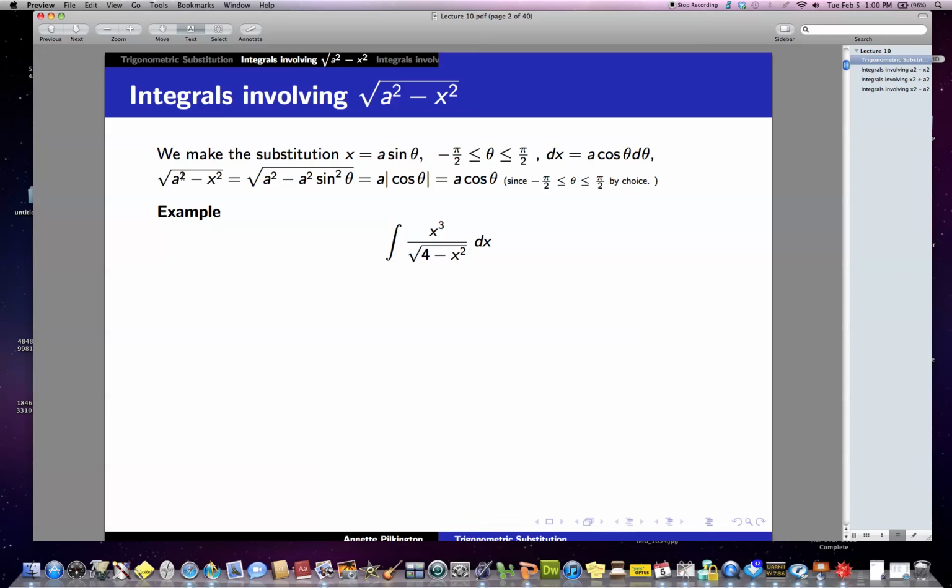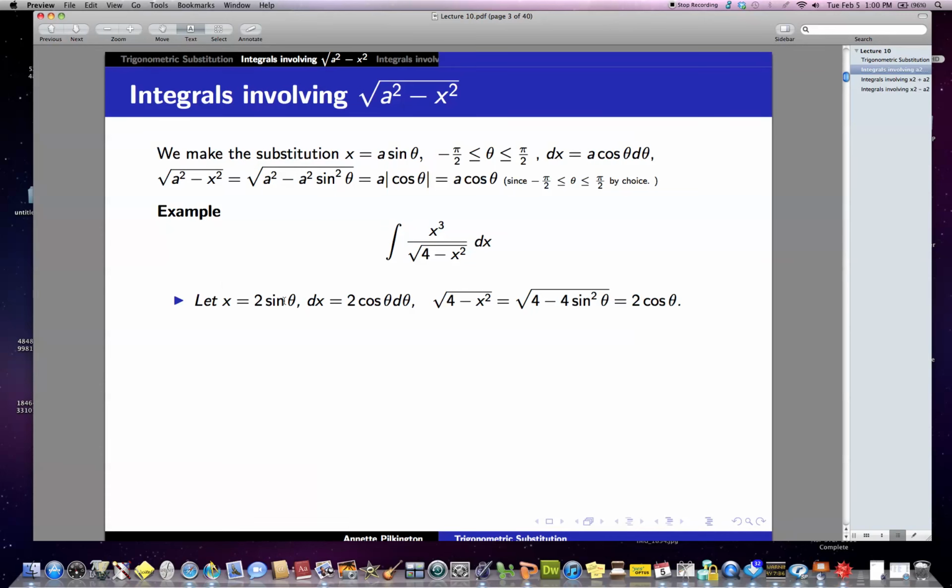And now the square root of 2 squared minus x squared should be the square root of 4 minus 4 sine squared theta, which should be 2 times the square root of 1 minus sine squared theta, which is 2 times the absolute value of cosine theta, but because of the way we chose theta, the absolute value of cosine theta is actually cosine theta.